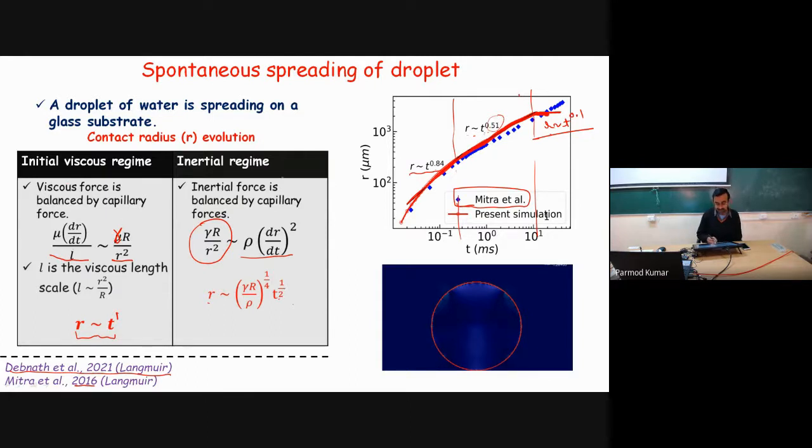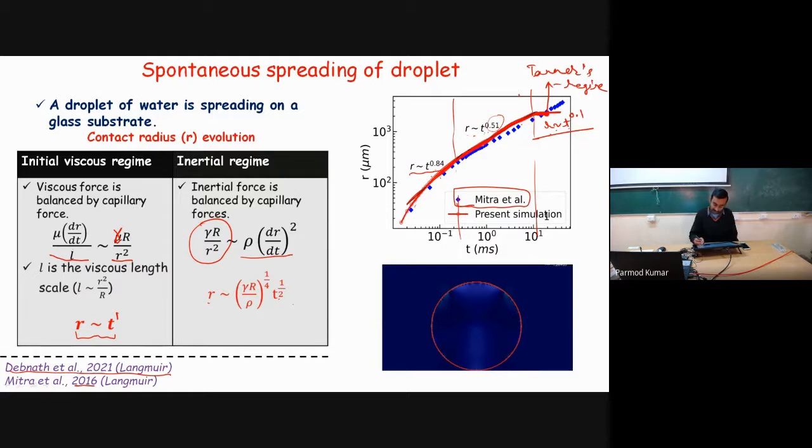Then the second regime is called the inertial regime, because here the inertia force is balanced by the capillary forces. Okay, and finally when R is of the order of T to the 0.1, this regime is famously known as Tanner's regime of drop spreading. This near equilibrium Tanner's regime of spreading has been known for a long time. However, there was confusion about the initial two regimes.